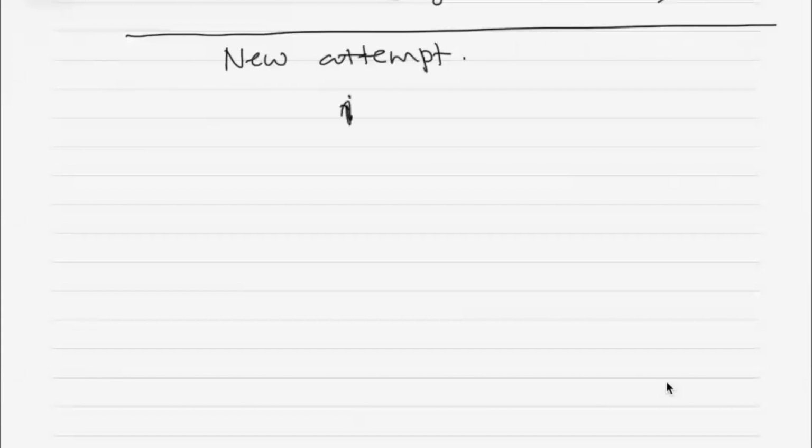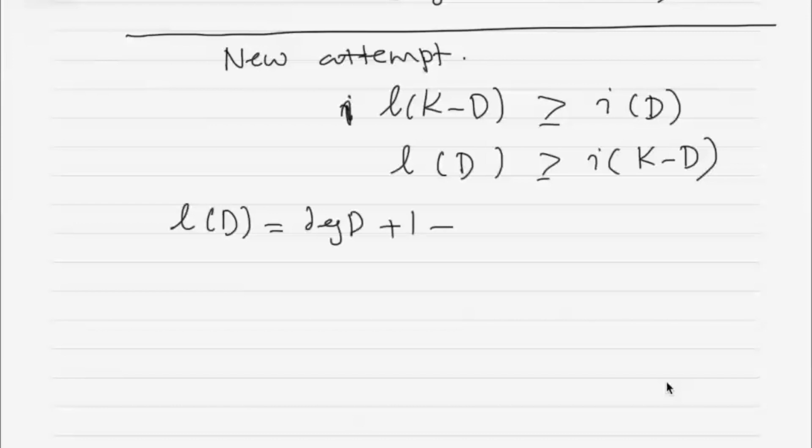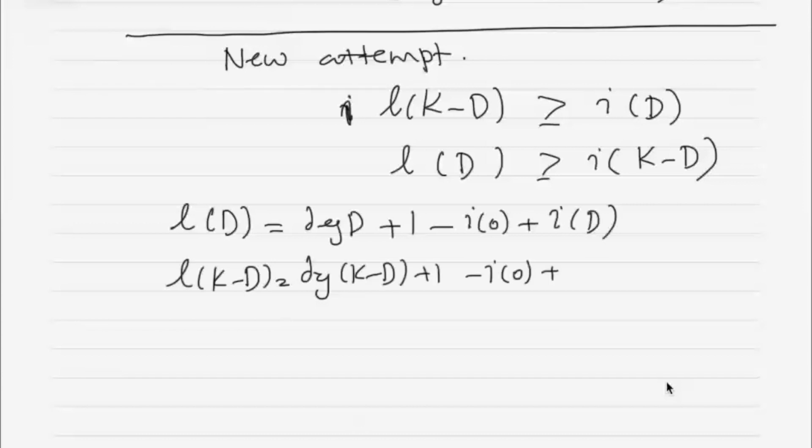We have proved that L of K minus D is bigger than or equal to I of D. Similarly, L of D is bigger than or equal to I of K minus D. We also have proved that L of D is degree of D plus 1 minus I of 0 plus I of D. And similarly, L of K minus D is degree of K minus D plus 1 minus I of 0 plus I of K minus D.